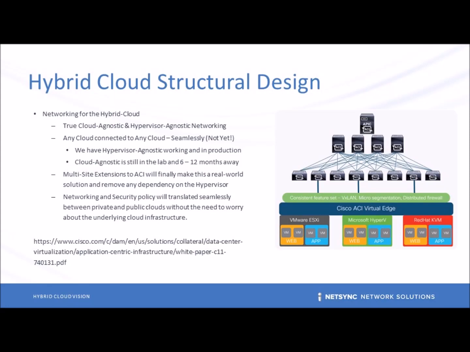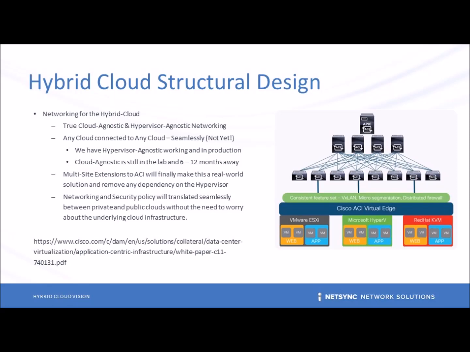So let's think about that for a second. When I say cloud-agnostic, what I mean is it doesn't care. It could be your cloud. It can be the public cloud. It can be any kind of cloud. And this is where we're at, right? And it doesn't care about the hypervisor either. It has never cared about the hypervisor. You can use whatever you want. If you're using VMware, that's fine.